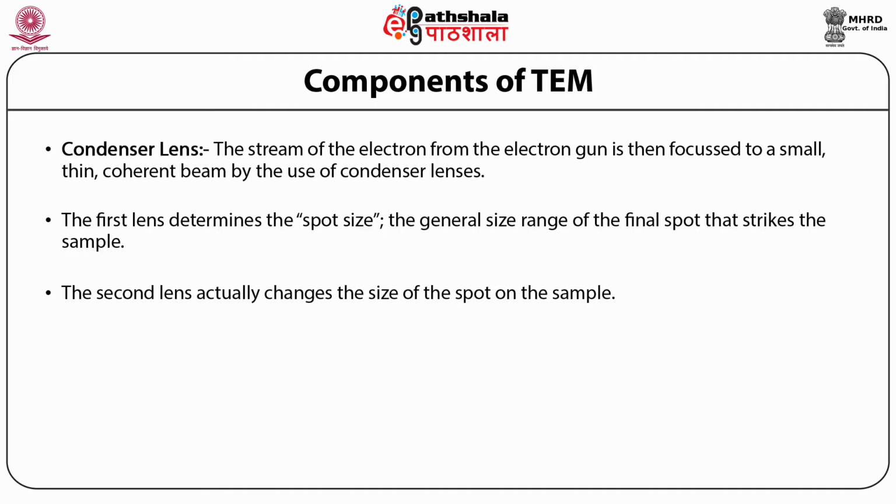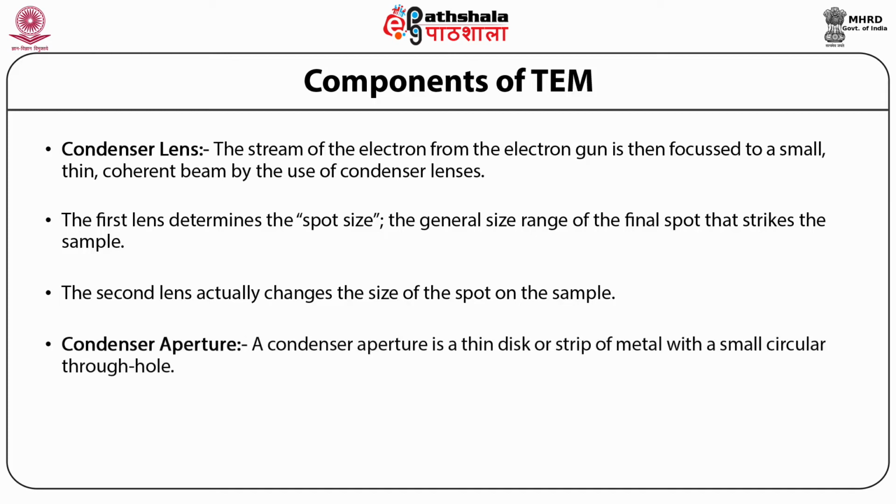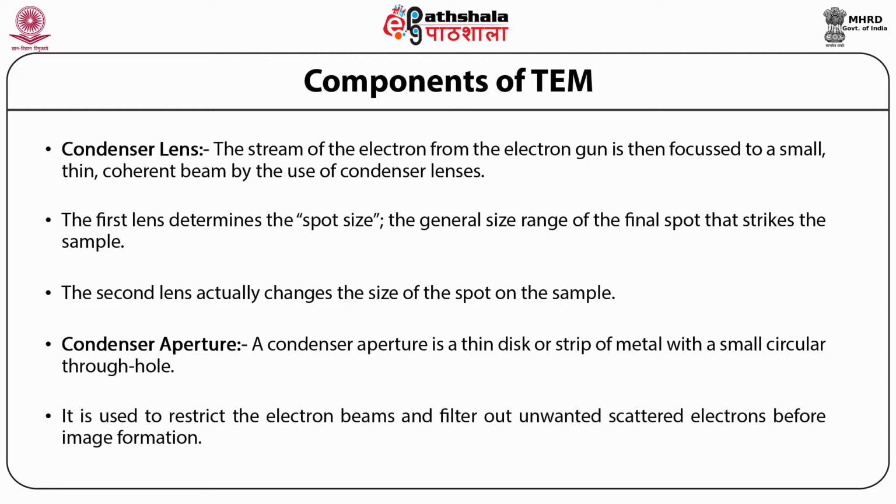The second lens actually changes the size of the spot onto the sample. The next component is the condenser aperture. A condenser aperture is a thin disc or strip of metal with a small circular through hole. It is used to restrict the electron beams and filter out unwanted scattered electrons before image formation.